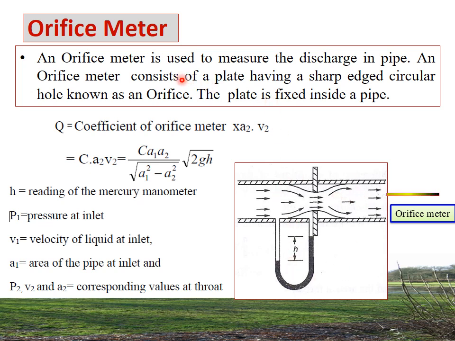An orifice meter consists of a plate having a sharp-edged circular hole known as the orifice. A mercury manometer is connected with it to know the pressure differential between the pipe and the throat.